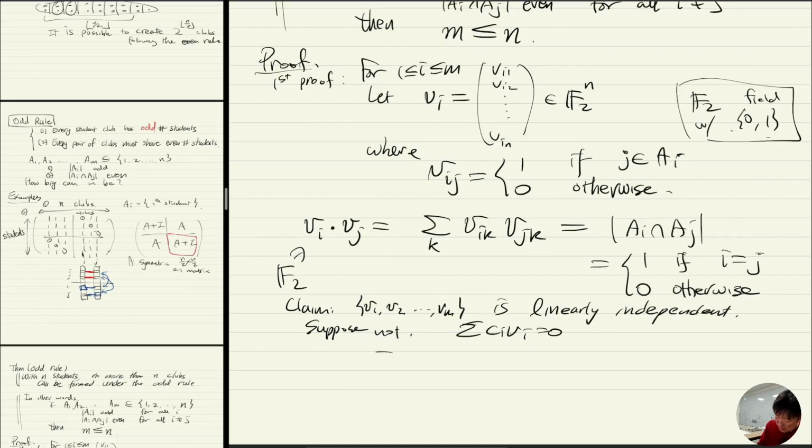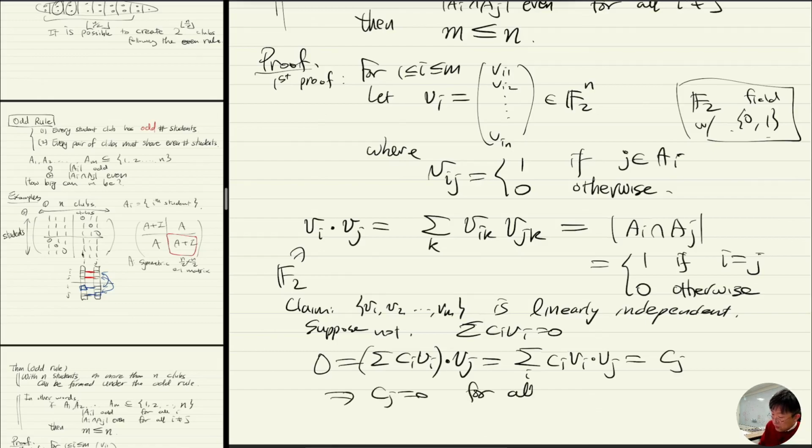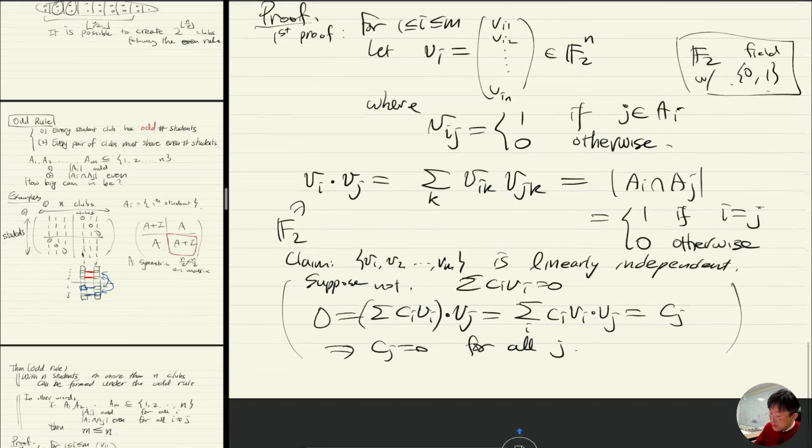Taking the dot product with vj, the sum of ci vi dot vj is going to be cj, because when i is different from j this becomes 0. And I know that this is 0 anyway, so this means that cj is 0 for all j. So this proves that these vectors are linearly independent.